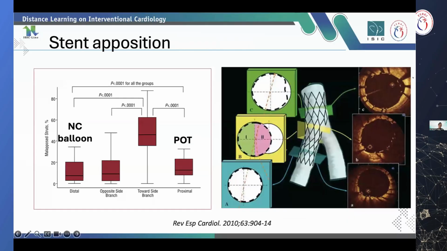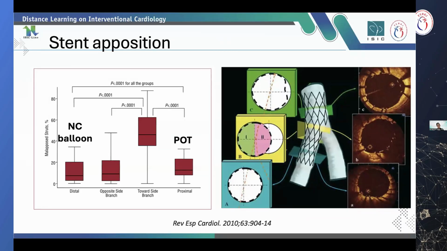And also, we need to consider the stent position. This is the most important part of PCI, I think. Even in non-bifurcation lesions, stent malposition is clearly associated with target vessel failure.